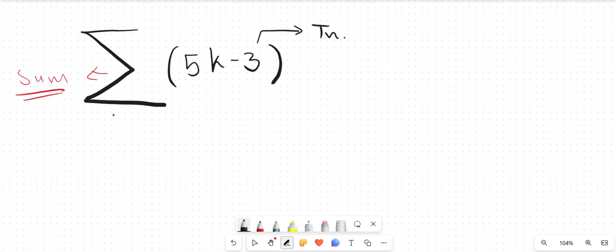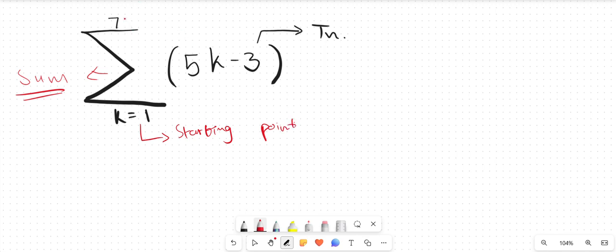Then what goes down here? What goes down here is the starting point. And then what goes up here is the point at which we're going to end. This is our last point. So let me just label these components. So this is our starting point.